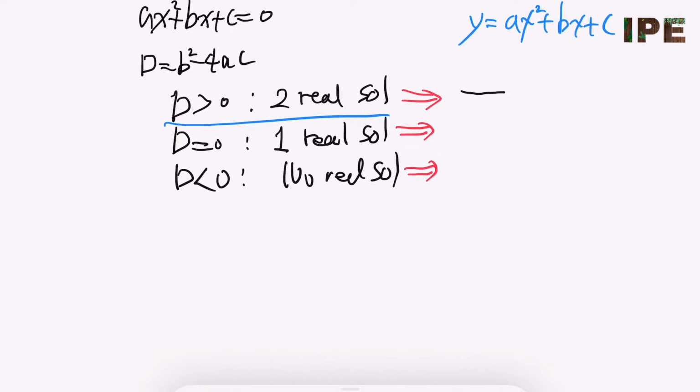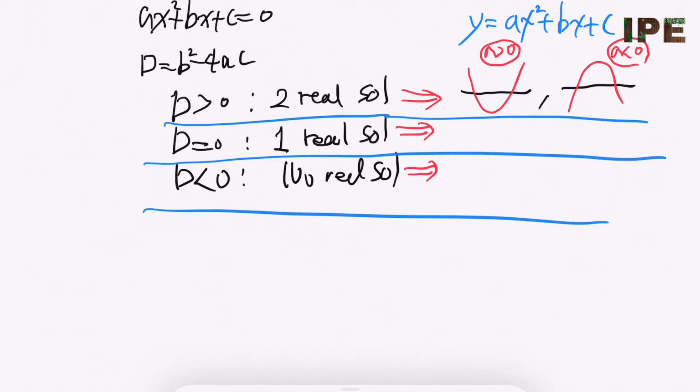There are two different cases, right? Like this, or like this, depending on the value of a. If a is a positive number, that means it opens up, and it has two solutions because the discriminant is greater than 0. What about a less than 0? It opens down, and still has two x-intercepts because D is greater than 0. What if the discriminant b squared minus 4ac is equal to 0?